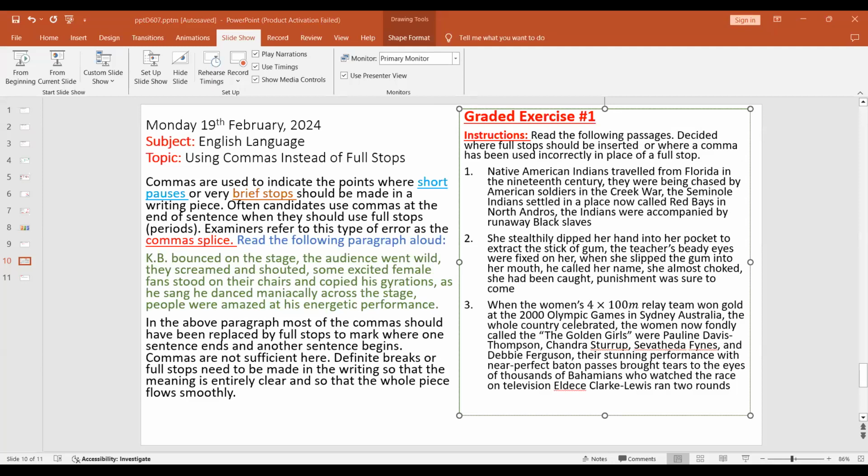So make sure you just write down the correction. You can't see? Oh, you want me to zoom it back all the way? Yes, sir. Okay, no problem.